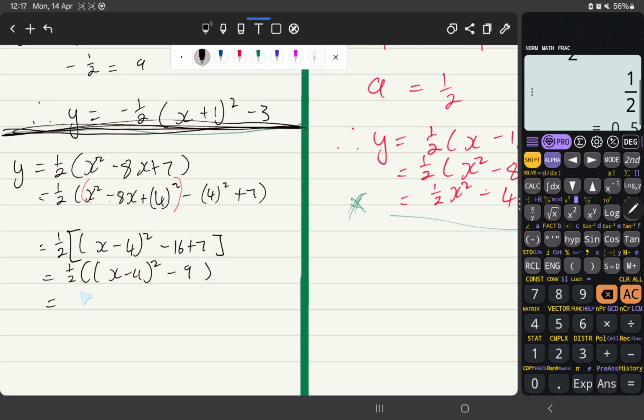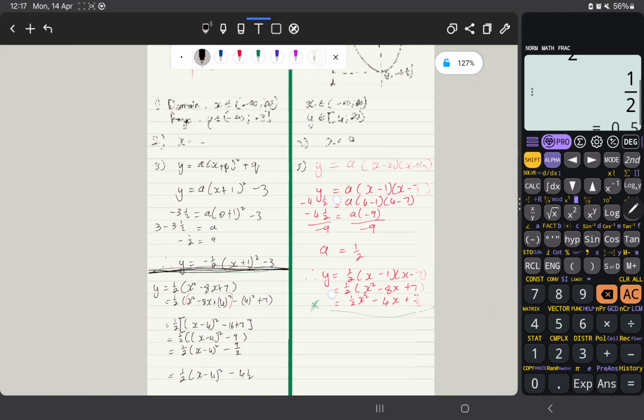Then we multiply the half. You have half x minus 4 squared, minus 9 over 2, which is a half x minus 4 squared minus 4.5. Let's look back.